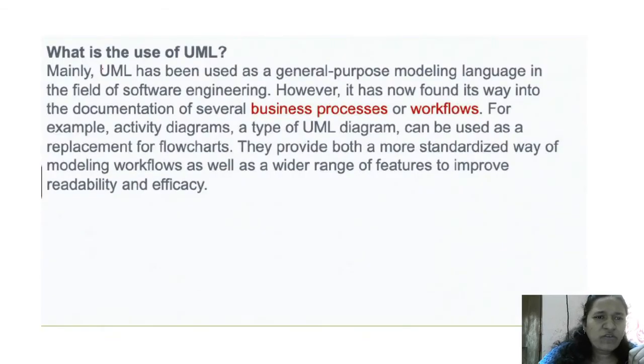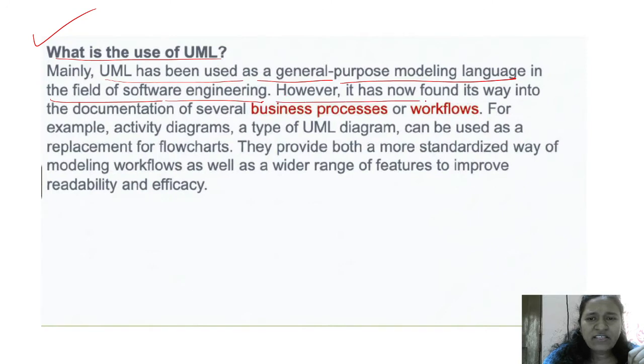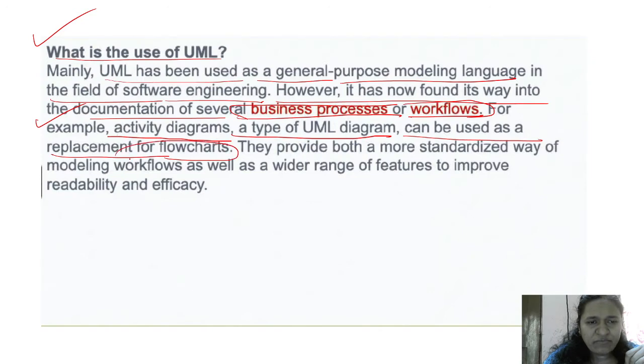What is the use of UML? Why are we using UML? Mainly, UML has been used as a general purpose modeling language in the field of software engineering. However, it has now found its way into documentation of several business processes or workflows. For example, activity diagrams, a type of UML diagram, can be used as a replacement for flowcharts.